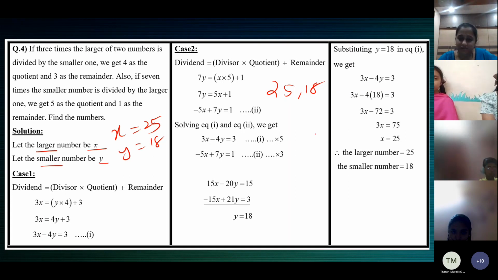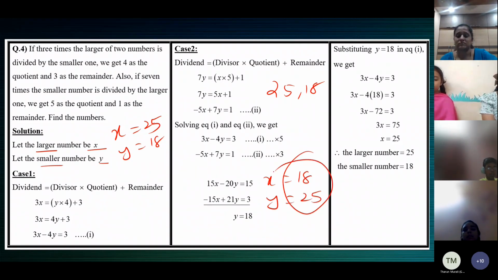If you call y the greater number, you will get x as 18 and y as 25. That's all. But the two numbers will be the same.